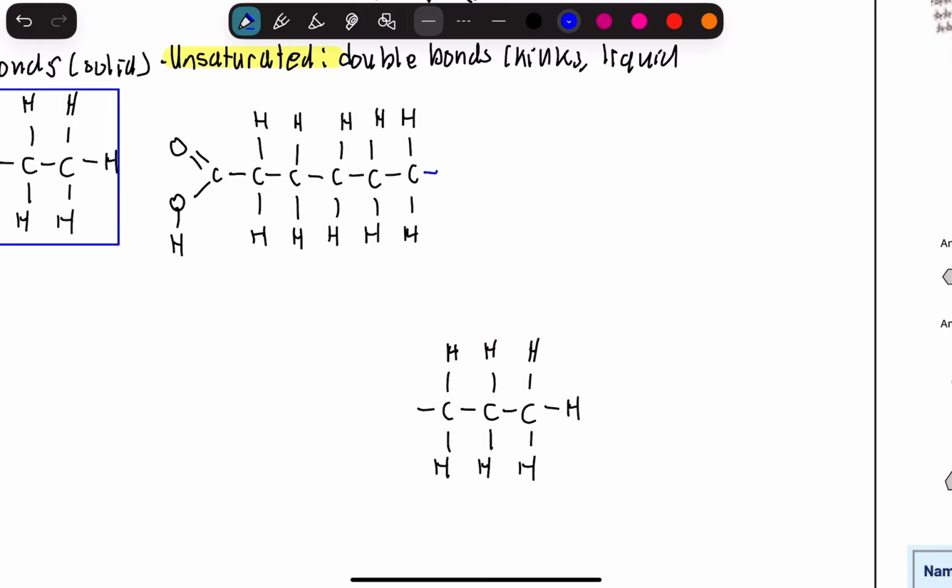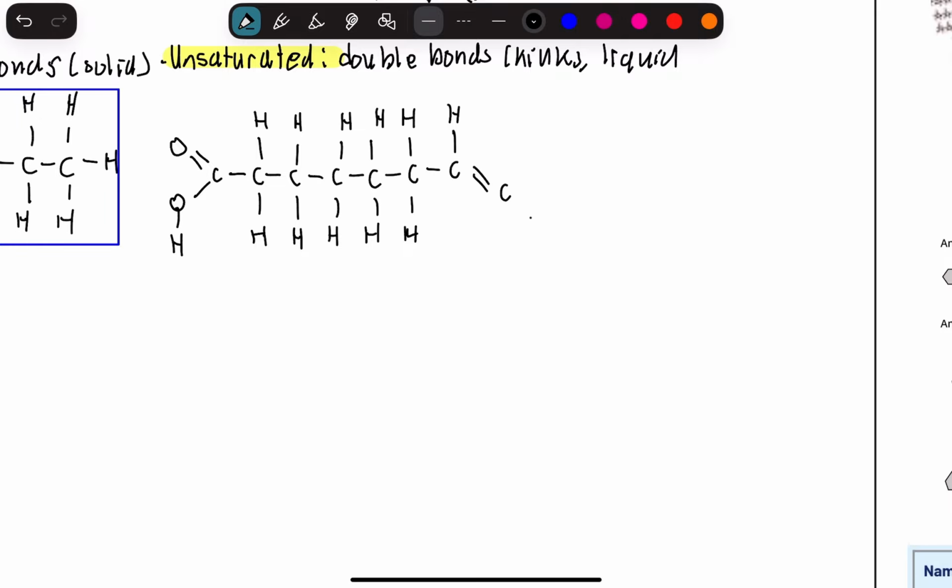Instead of that, we have bonds here, C, H, double bonded to C, and then we have a C, and then H here, H, H, H, H, H, H.